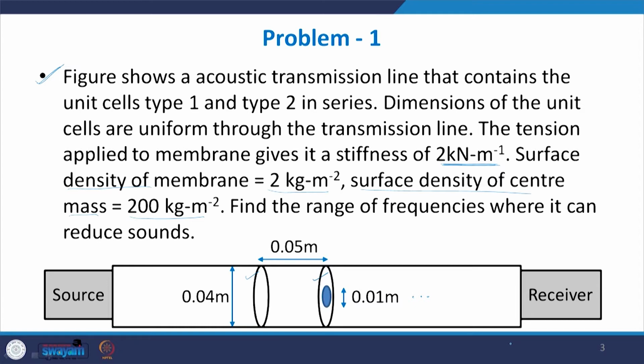Now, we know that for both unit cells, the range of frequencies where they will reduce the sound is the range where the effective rho, that is the effective mass density, becomes negative. It is within that range that the wave propagation suddenly stops because the propagation vector becomes imaginary. So, let us first deal with unit cell type 1.